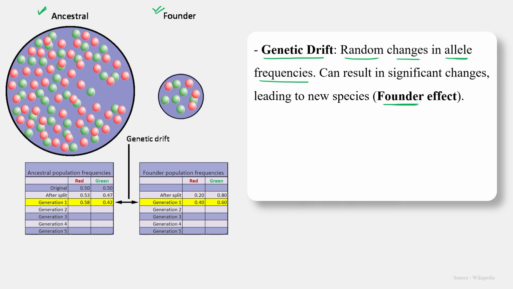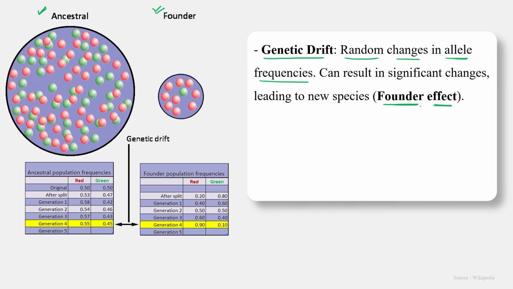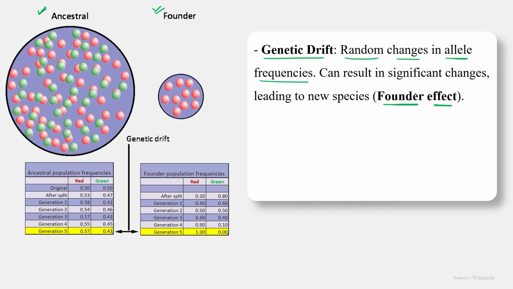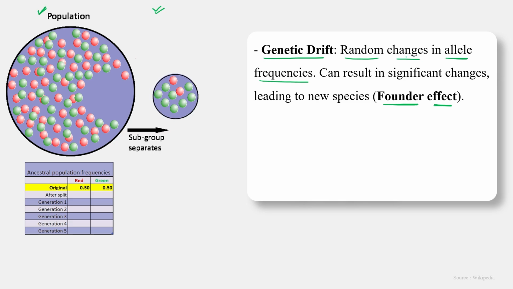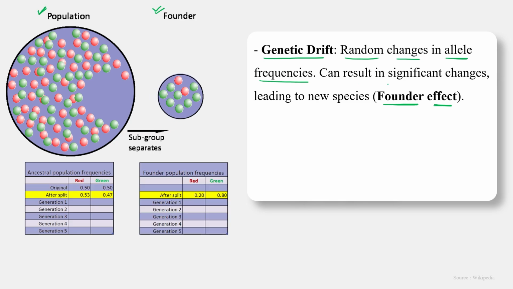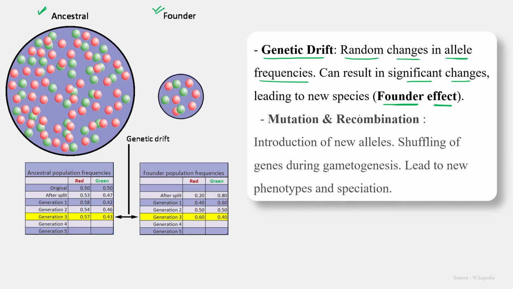Because of this random, significant change, the development of a new species can occur. So this is known as genetic drift. Genetic drift means a random change in the allele frequency can result in a significant change leading to a new species, which is known as the founders effect.